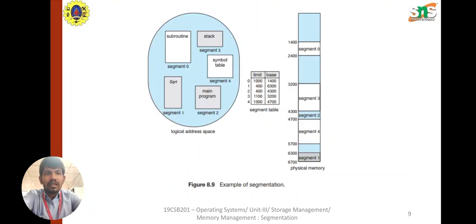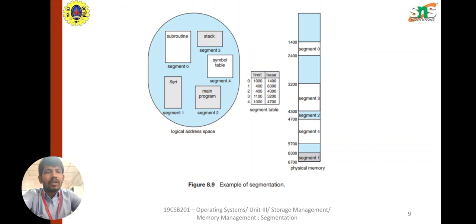In this diagram we discuss a segmentation example. On one side is the logical address space and on the other side the physical memory. The logical address space contains a subroutine, a square root function, a main program, a symbol table, and a stack, named segments 0 to 4. The segment table contains the limit and base address.